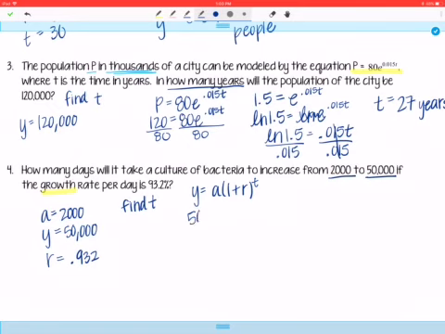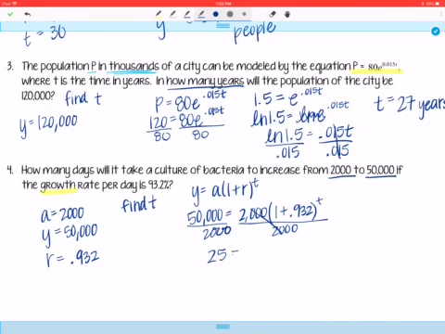All right, so 50,000 equals 2,000 times 1 plus 0.932 raised to the t. So again, I would divide both sides by 2,000 first, which is going to bring me down to 25.